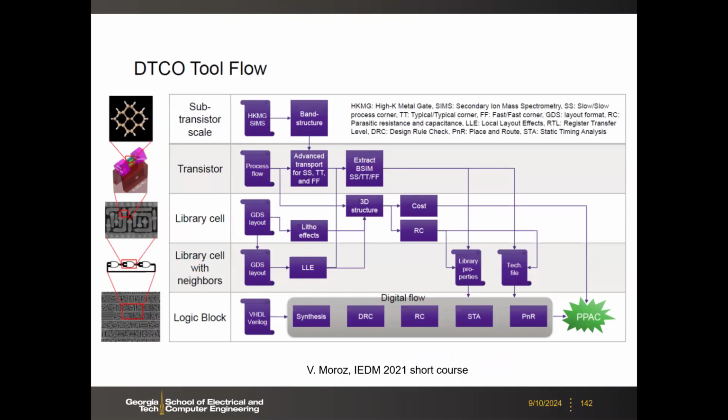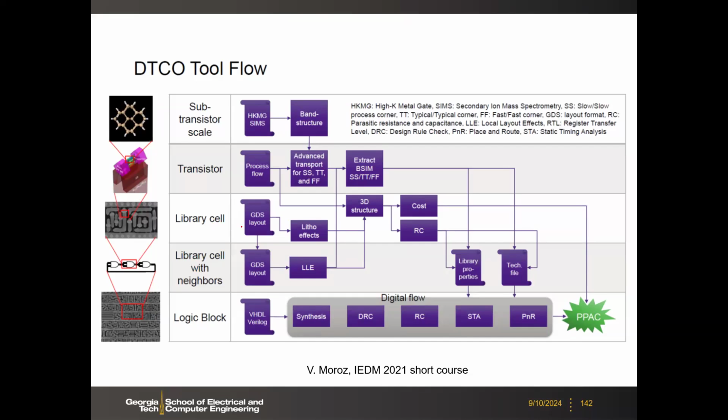Okay, so then the DTCO flow. This is a presentation from Synopsys. For DTCO, you need to understand the transistor characteristics and the fabrication, and then you can do this TCAD simulation, build the transistor model in TCAD, extract the parasitics, and then build the transistor models.